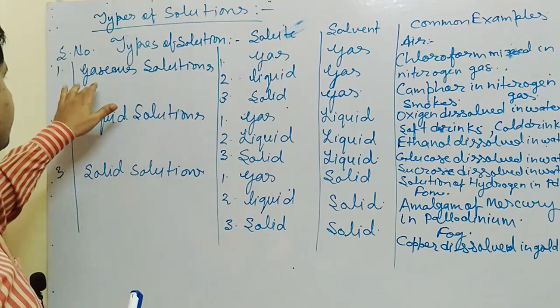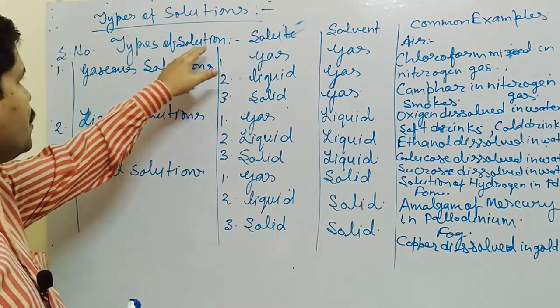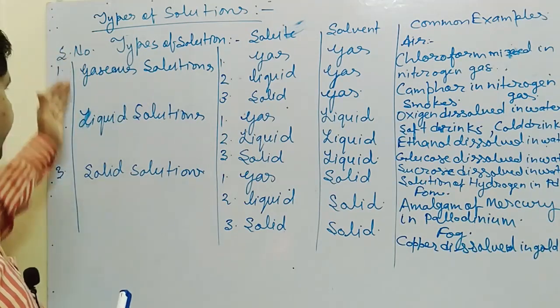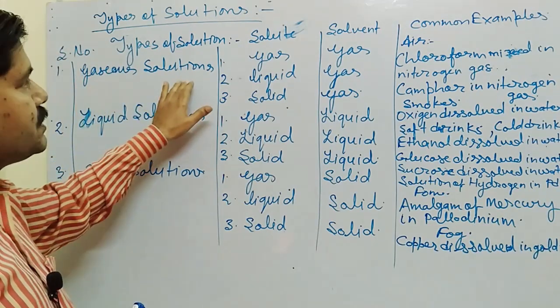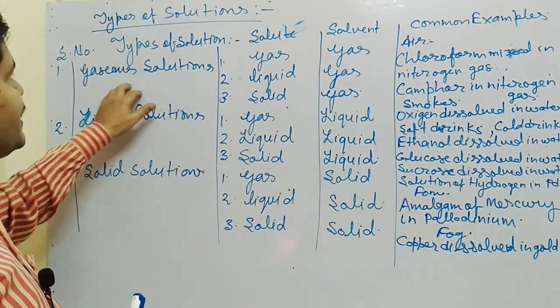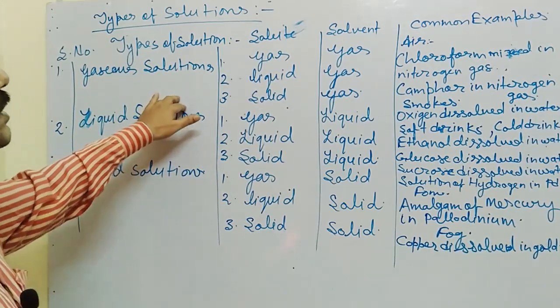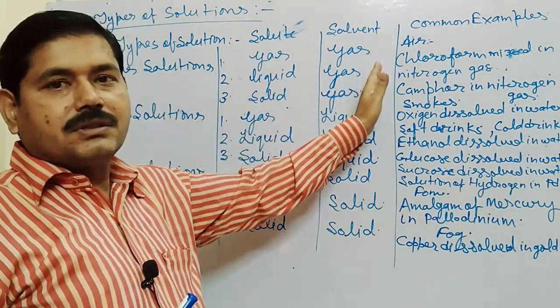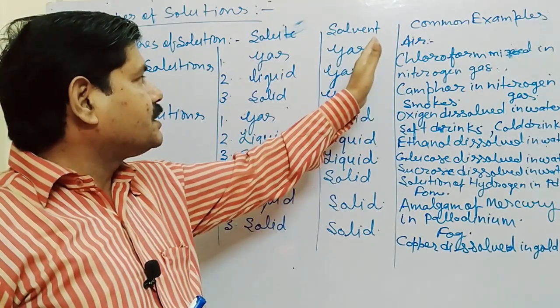Here you can see the types of solutions are first divided, and the subdivision is three types. Gaseous solutions means all solutions where the solvent is in the gas state.